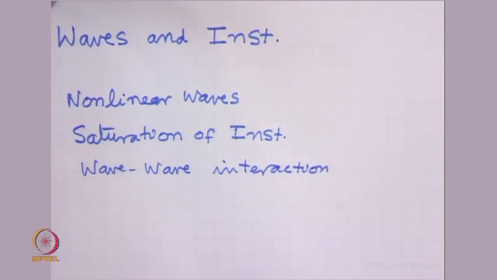Like the phenomena of harmonic generation, sum frequency generation, low frequency generation, and also half harmonic generation or parametric excitation of two waves by a single wave of large amplitude. This is called wave-wave interaction. So a lot of work in this area has been done in the last 3-4 decades.